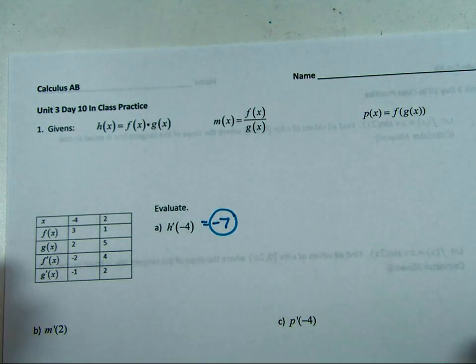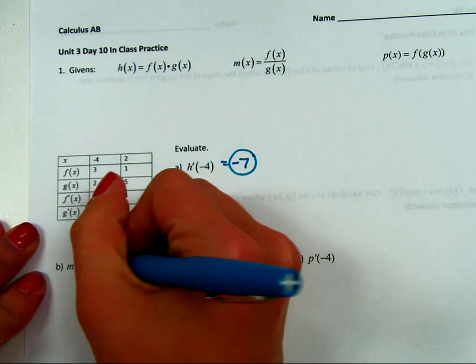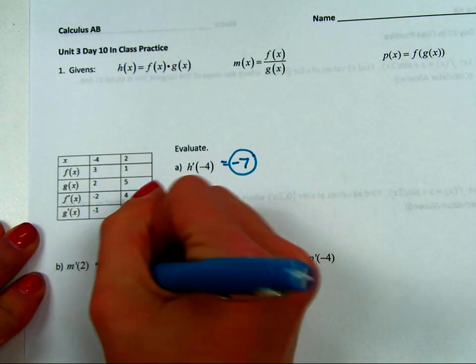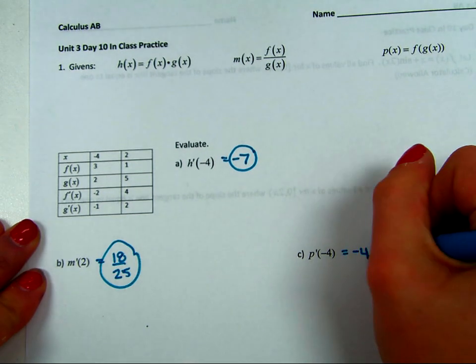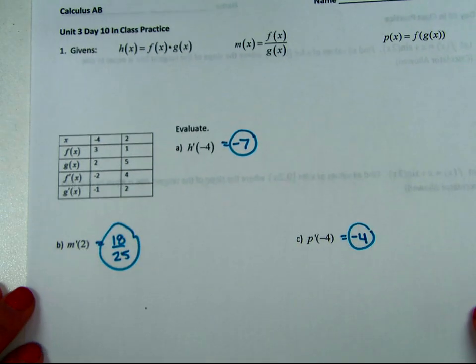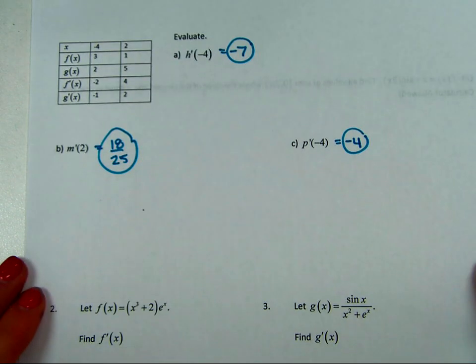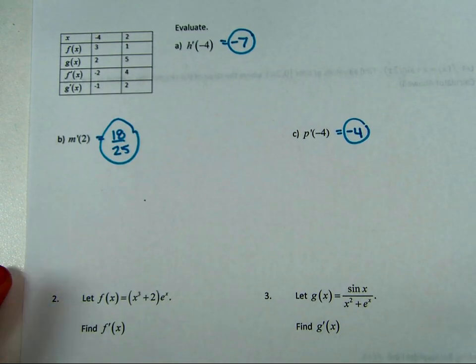This is -7. This is going to be 18 over 25. This is going to be -4. Remember, these questions are really similar to what was on that derivative quiz that you guys took.